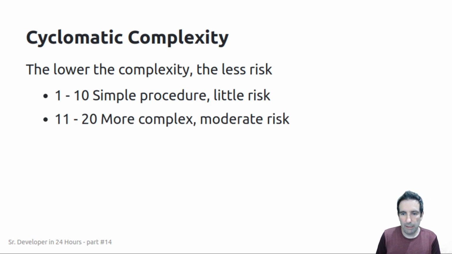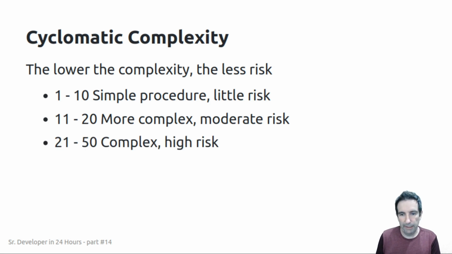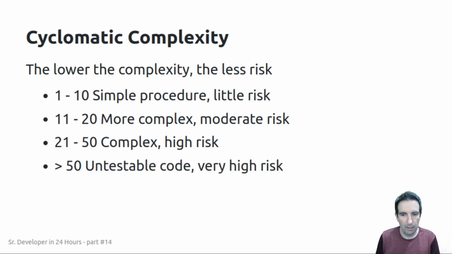Between 11 and 20, more complex, moderate risk. If we go between 21 and 50, we're talking about complex code, high risk. And anything over 50, code that is pretty much untestable, very high risk.